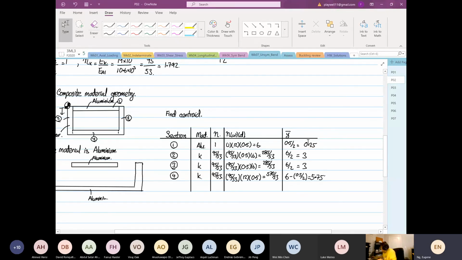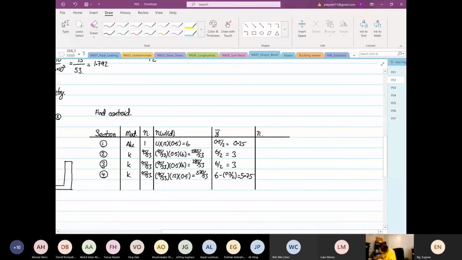Then we multiply everything together. So you have N times area: 6 multiplied by 0.25 is equal to 1.5. 3 times 285 over 53 is equal to 855 over 53.